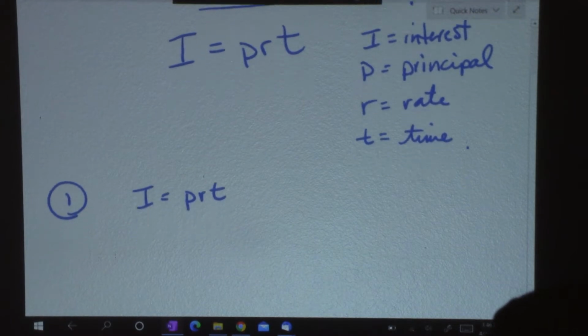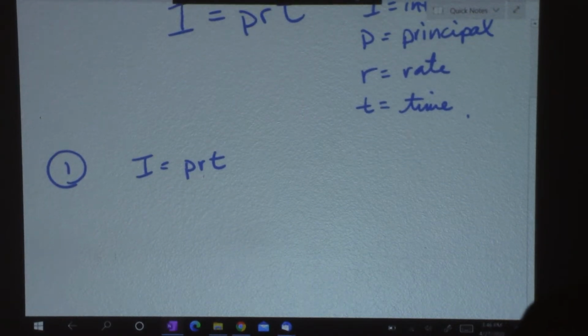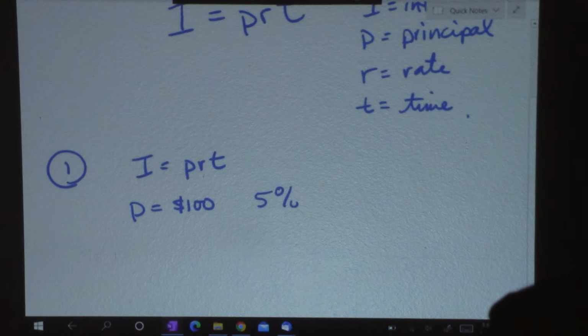And let's write everything down. He borrowed $100, so that is the principal amount. That is the amount of money that he gets. So that's the principal. And it says that his interest rate is 5%. So that's the interest rate. That's the rate.